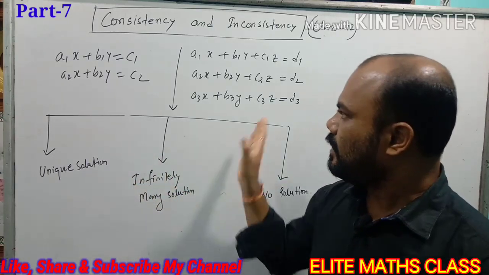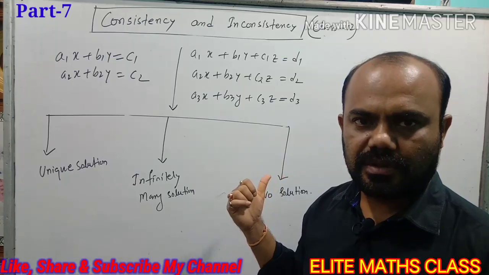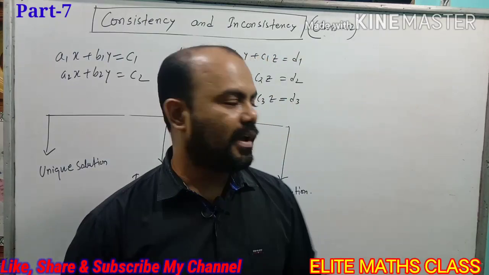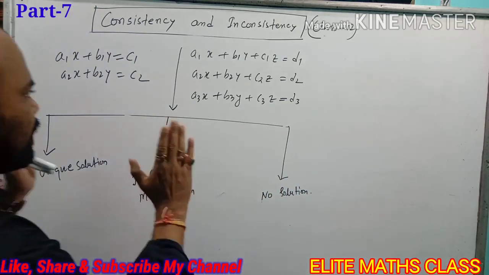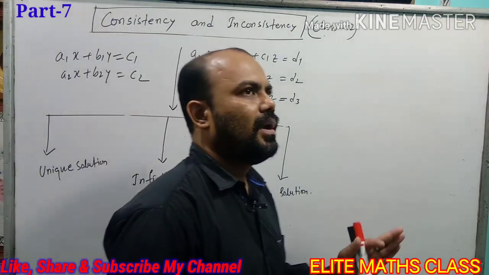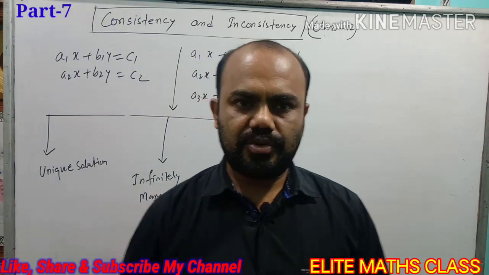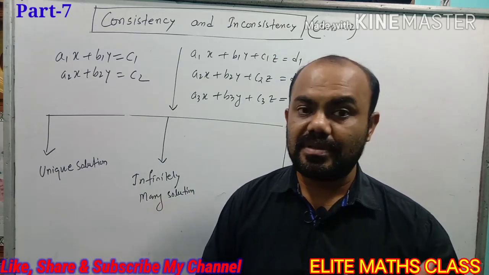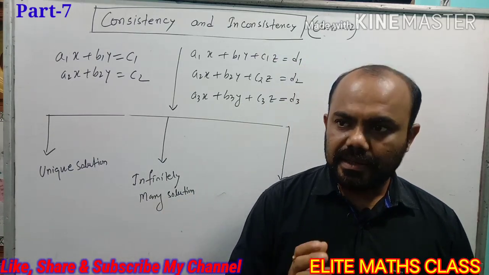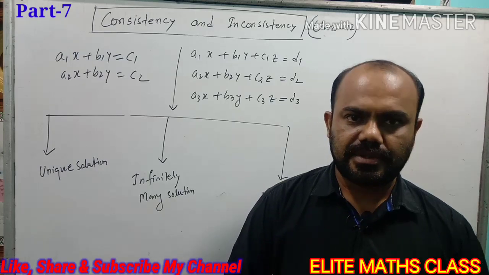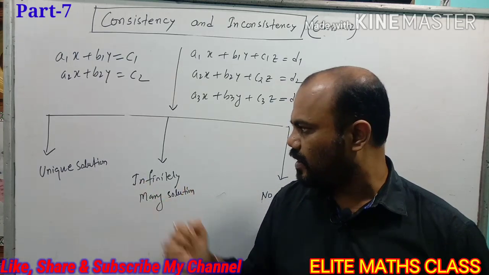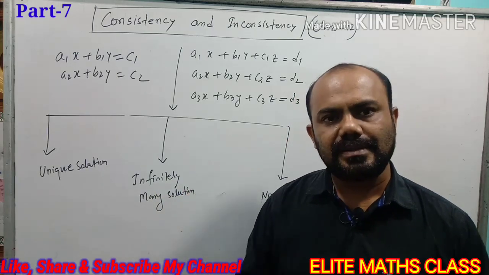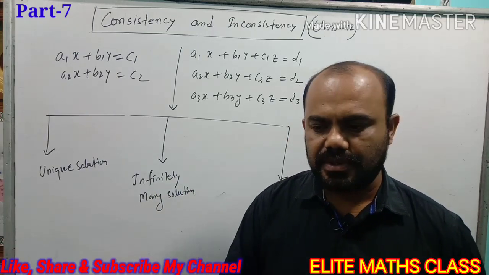Third case, this system may not have any solution. So for any system of linear equations, either of two variables or three variables, there may be three cases regarding the nature of solution. There may be one solution, that is a unique solution. There may be infinitely many solutions, and the third case is the system may not have any solution.